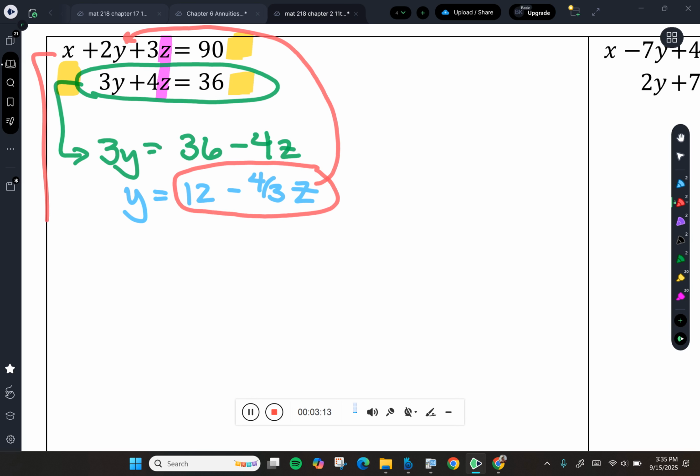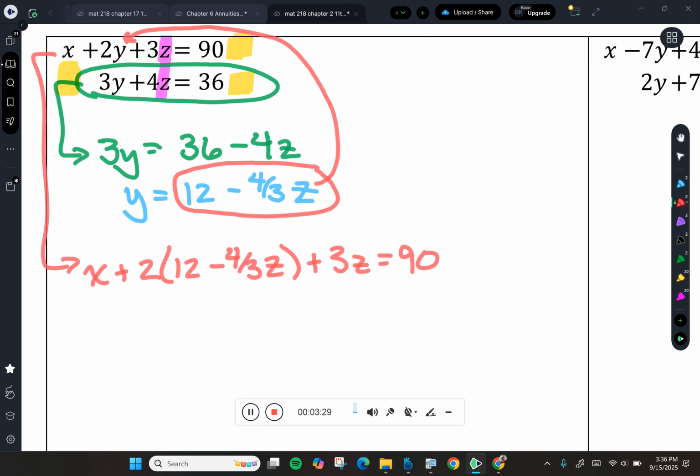That gives me x plus 2 times (12 minus 4/3 z) plus 3z is equal to 90. We've got some distribution to do, so I'll have x plus 24 minus 8/3 z plus 3z is equal to 90.